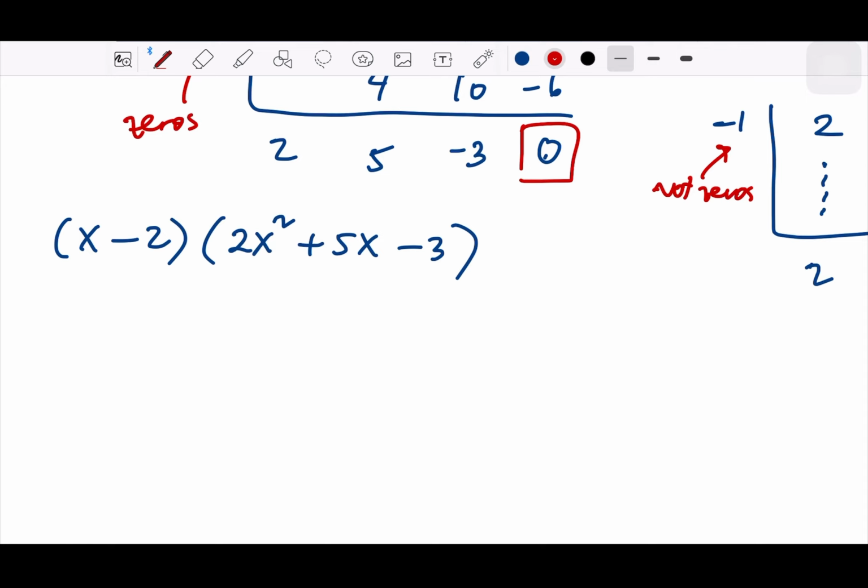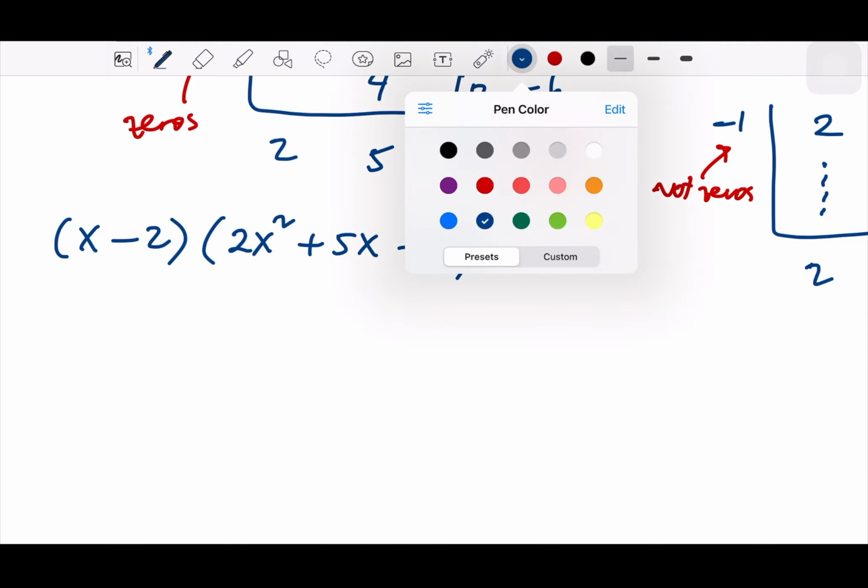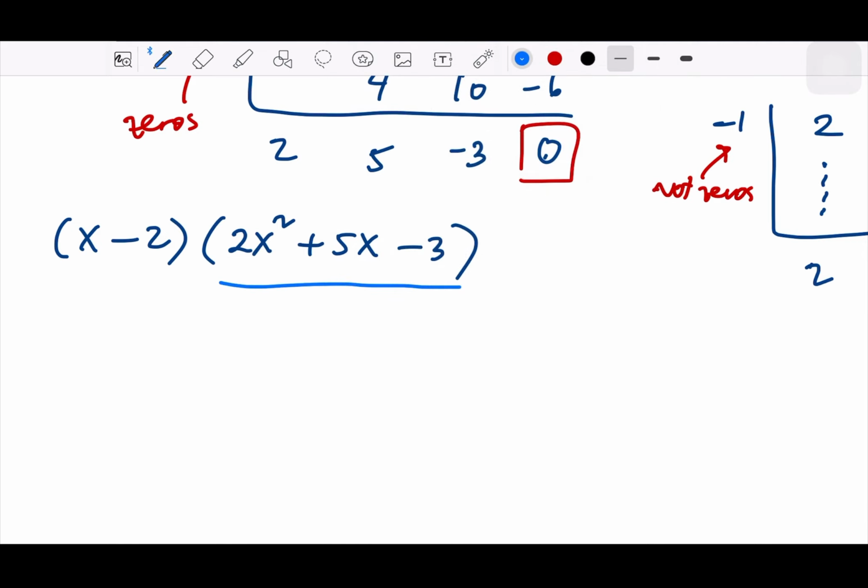Now maybe if we take this as another polynomial, we can do synthetic division, or maybe we could take factorization. So let's do that. So 2x and x, so maybe 3 and -1.